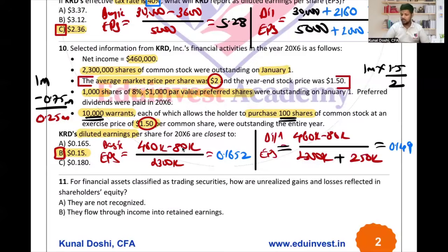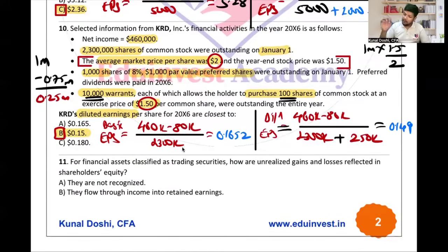Now, if you remember those three securities, I'm not going to go into detail because most of you have covered them in the revision lectures. This is where we are just doing the questions, assuming you know most of the things. So the difference is, how do you recognize the unrealized gain and loss? I've put the questions in that manner.